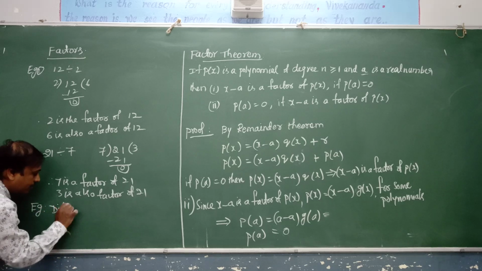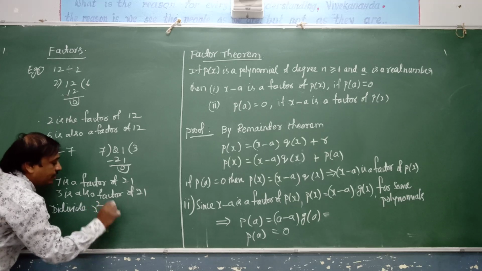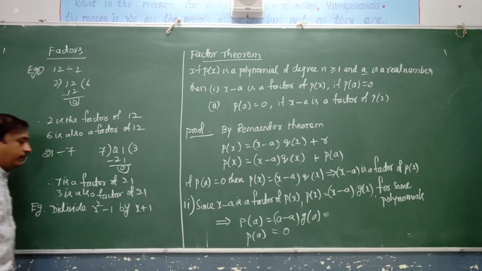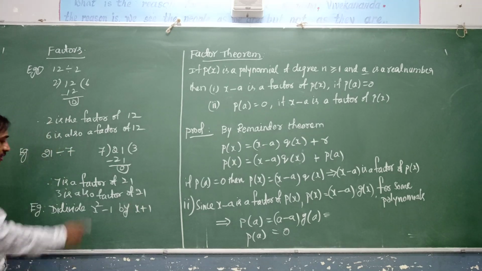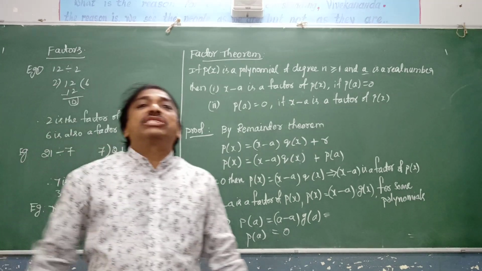Now you see the third example, example 3. Divide x square minus 1 by x plus 1. In the previous session we discussed the remainder theorem, without actual division.